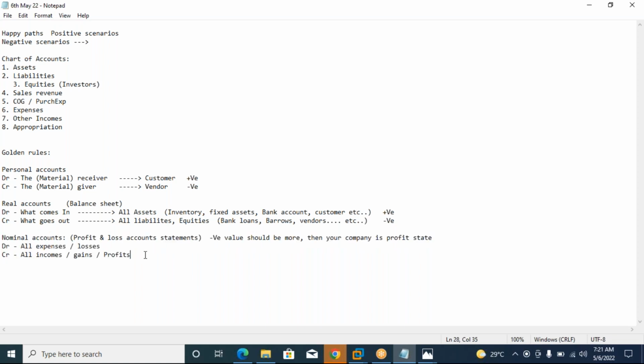Suppose 20 plus some value should be equal to 0, then what is this value? It should be minus 20.